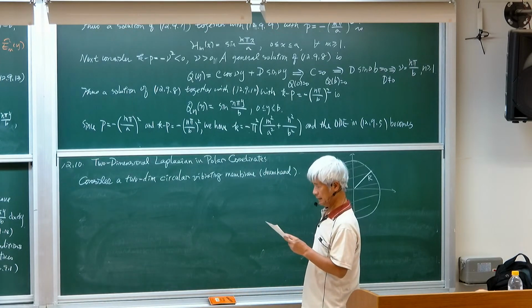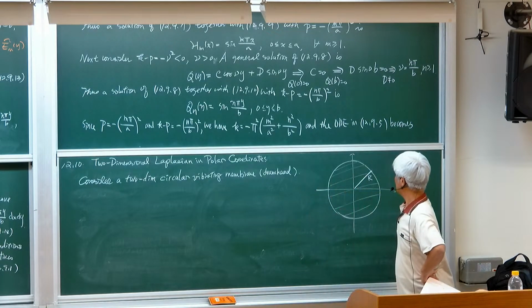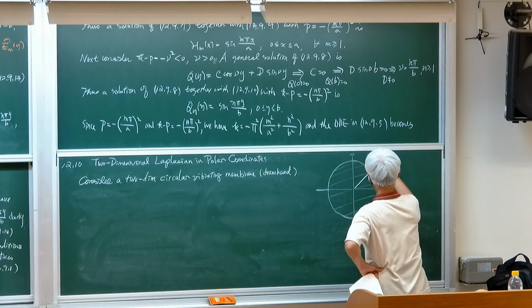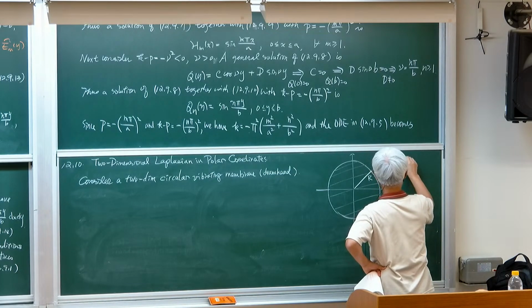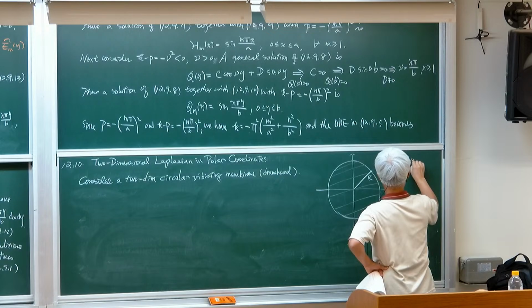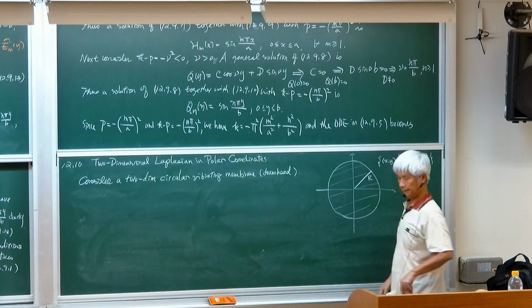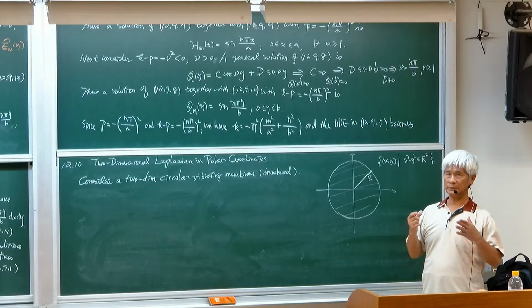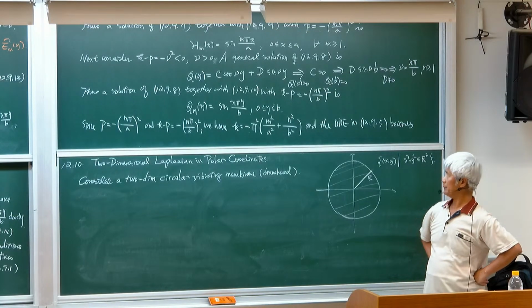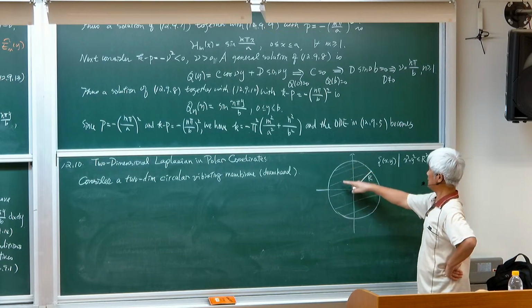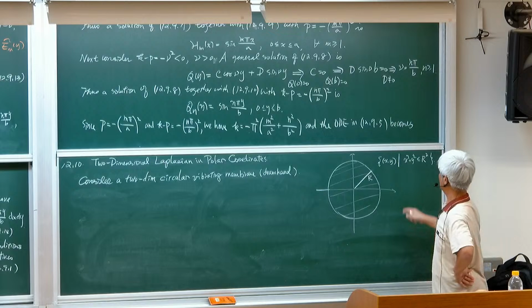Okay. Right. Now, the region is here, (x, y) such that... and the membrane has the points in the circular membrane, right?